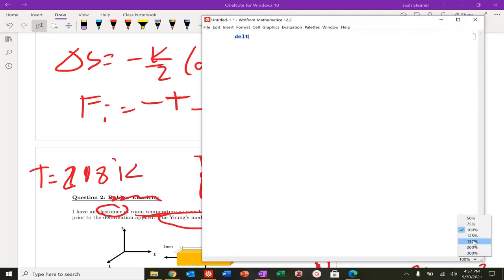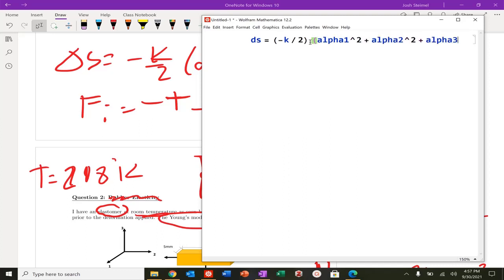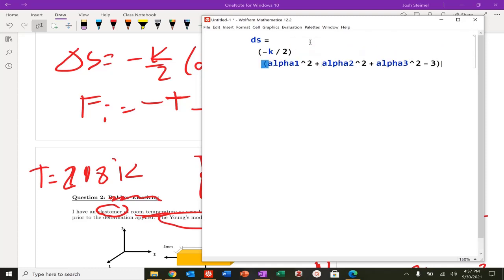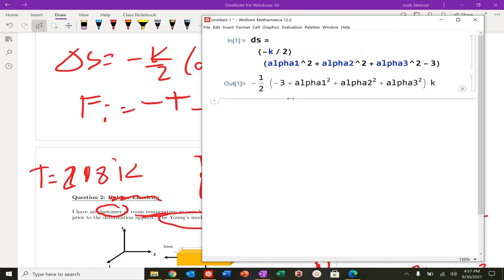So my delta S, I'm just going to say ds. ds is equal to minus k divided by 2 times alpha 1 squared plus alpha 2 squared plus alpha 3 squared minus 3. That's my ds.